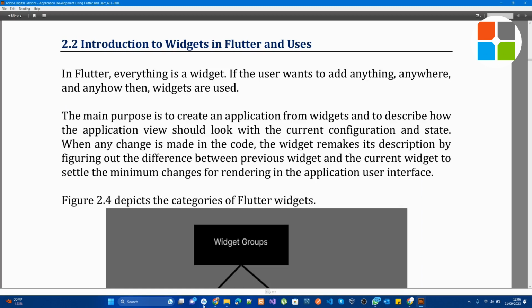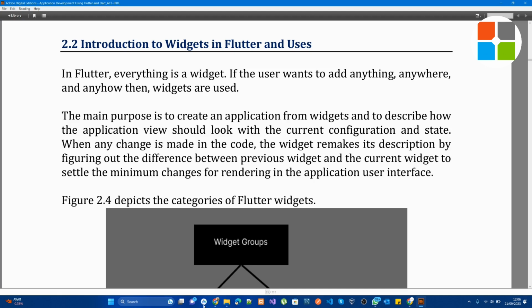Widget is an English word that encompasses a lot of components. For instance, your menu bar is a widget, color is a widget, your text is a widget, your button is a widget. When you combine these widgets together, they form a tree, and that tree forms what you see on every mobile screen.